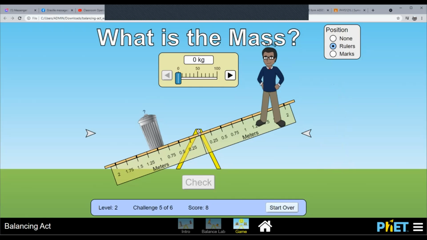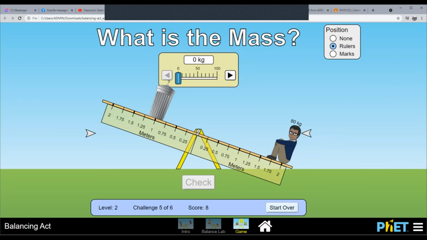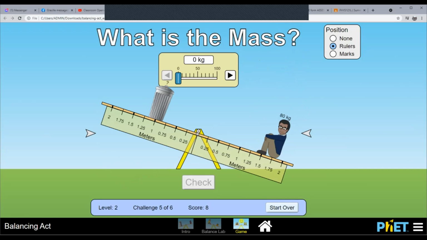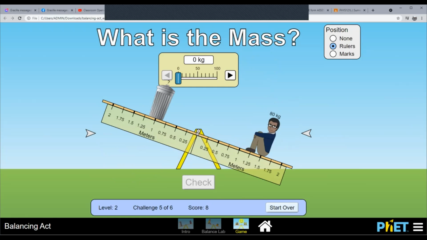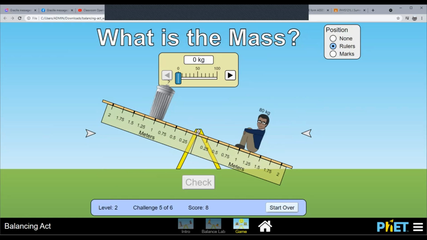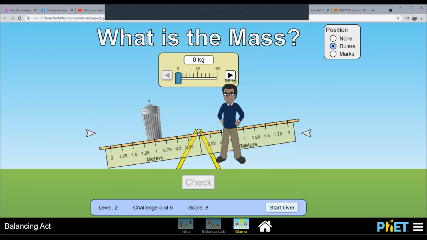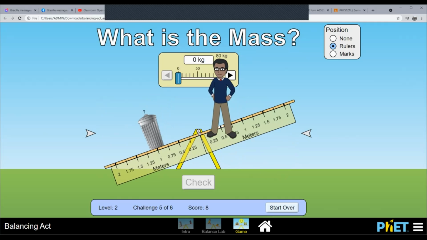If we place this 80 kilogram here, move natin siya. Okay, ayaw pa din. Siya mabalanse, ayaw pa din. Okay, ayaw pa din sa 0.75.